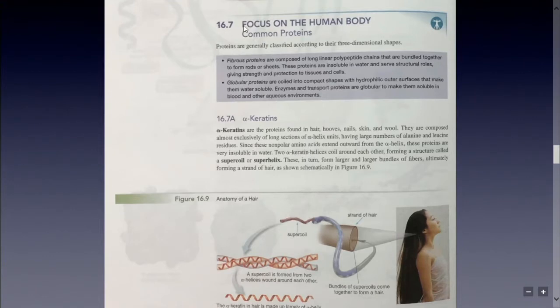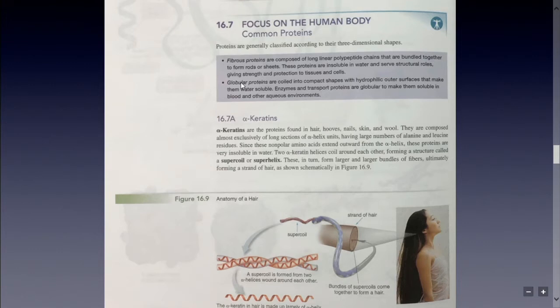Okay, 16.7, focus on the body. So proteins, they're classified basically on how they're shaped. If you want, you can make a major class distinction right away. There's basically 2 types of proteins. You have fibrous, like a fiber, and you have globular proteins, like a round glob.